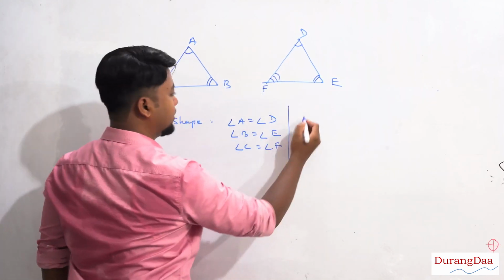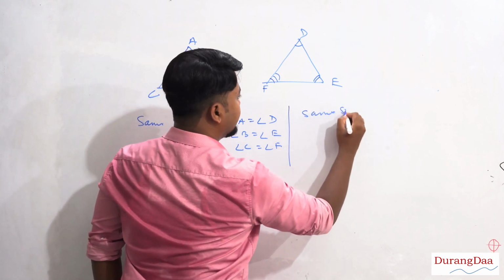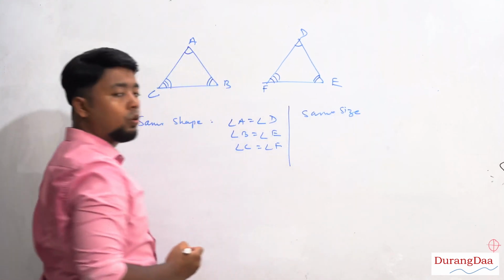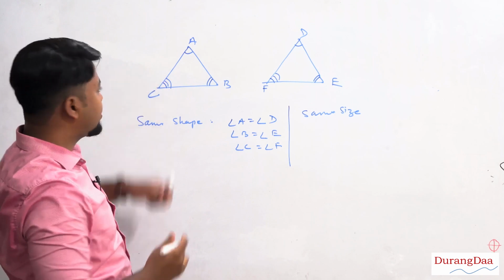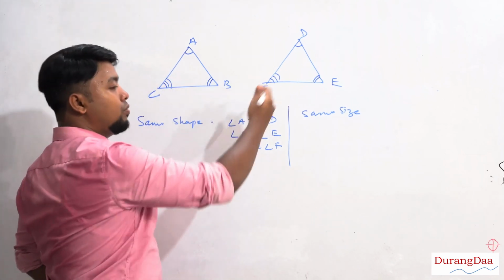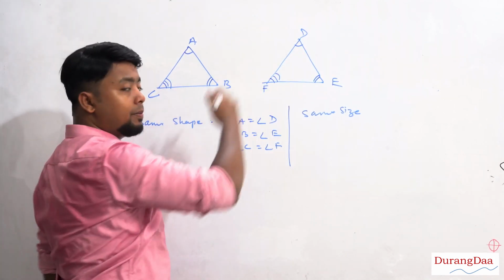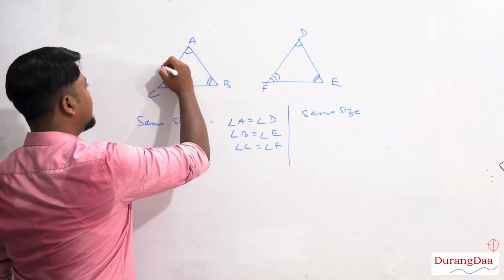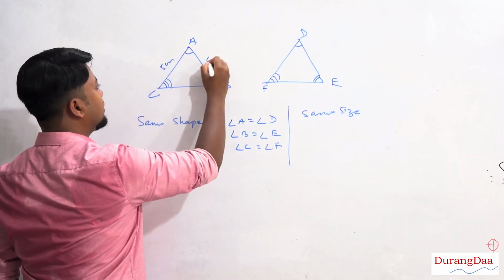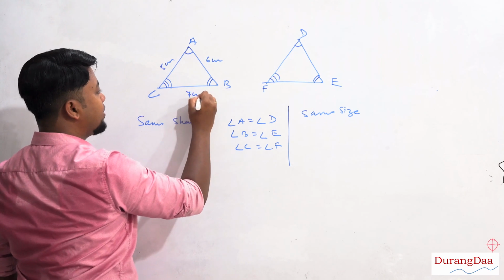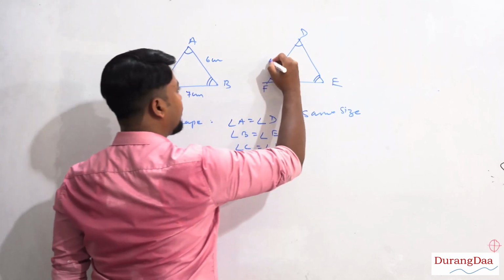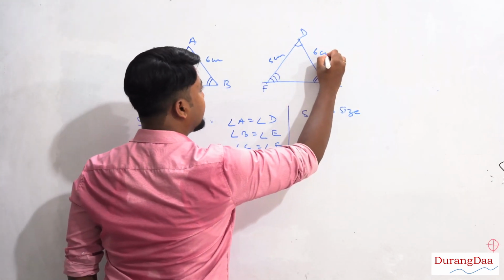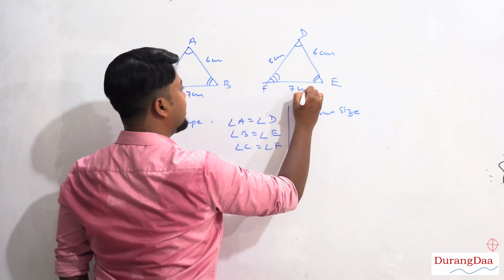Now, same size would be possible only if each side of a triangle is equal to the corresponding side of the other triangle. If I say this is 5 centimeters, this is 6 centimeters, this is 7 centimeters, and here, this is also 5 centimeters, this is also 6 centimeters, and this is also 7 centimeters.